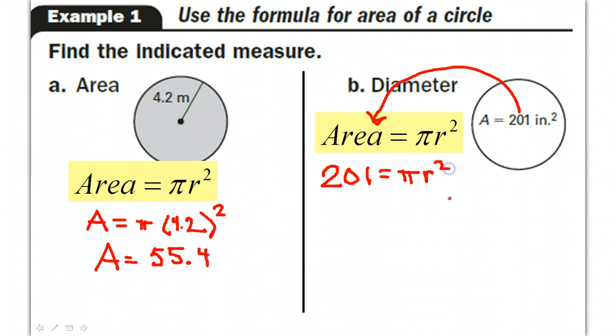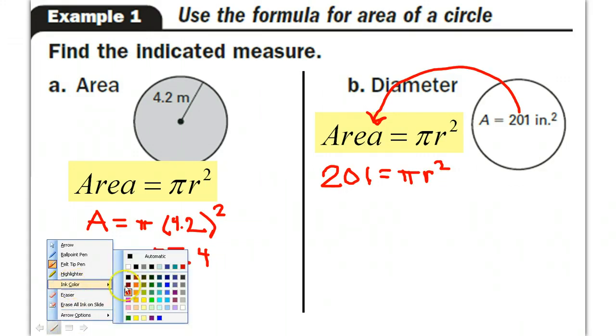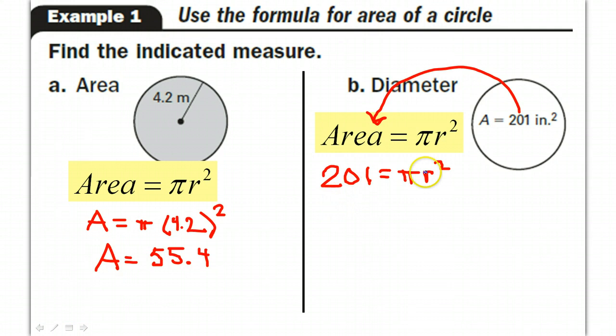All right? It's similar to when I used to give you the circumference and you'd have to find the radius. Okay? So I need to solve this for r, for starters. What do you think I'm going to do next? Yes. If you said divide by pi next, you are correct.